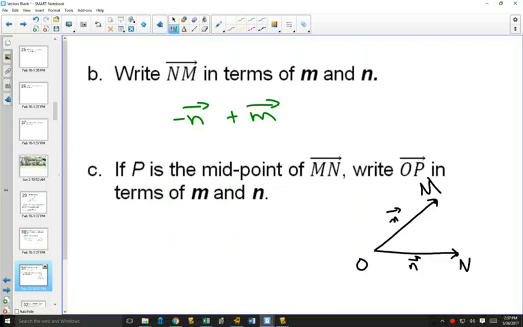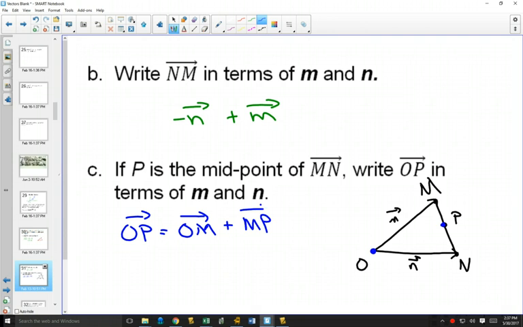Now we've got a new point, P. And that point, P, is halfway in between M and N. So what we can imagine is if I wanted to start here at O and get to P, and I can only use paths in terms of M and N, well, can you see, first of all, that you could go from O to P if you went from O to M and then from M to P?